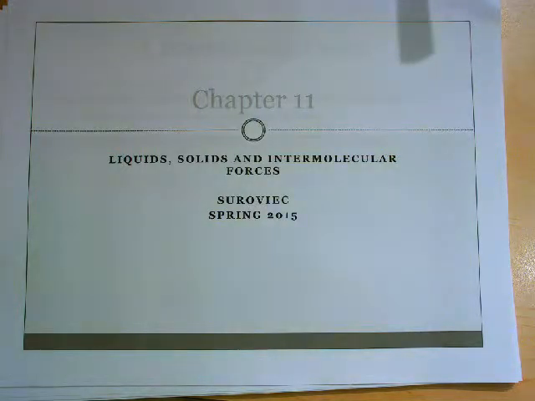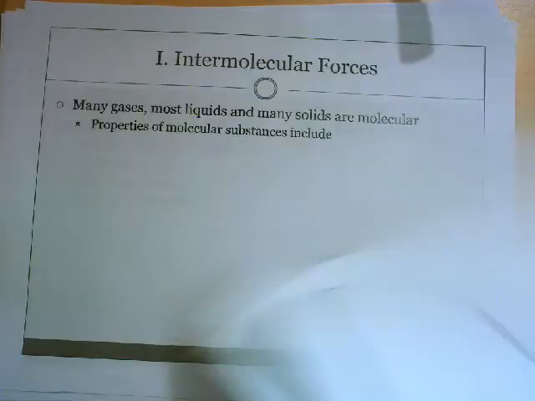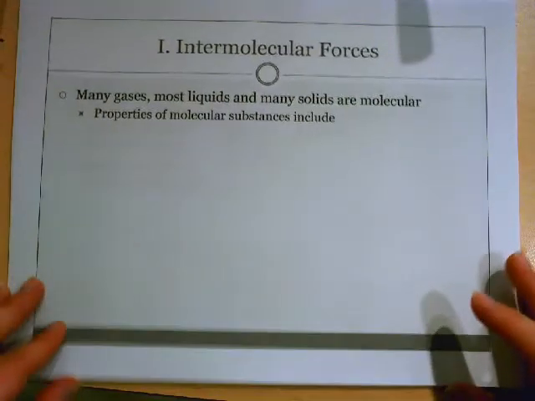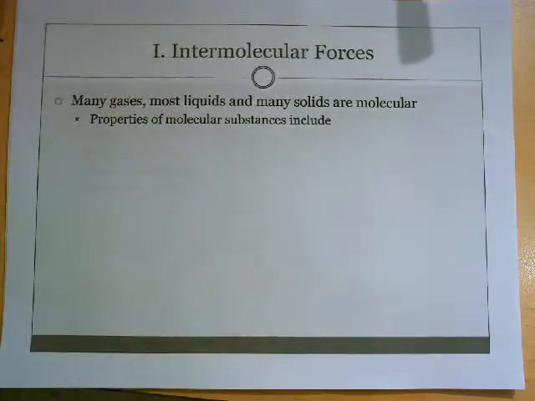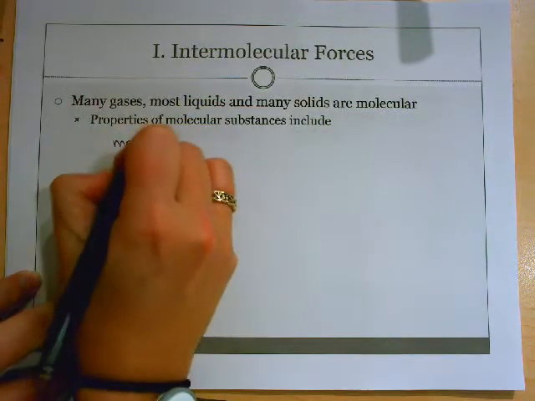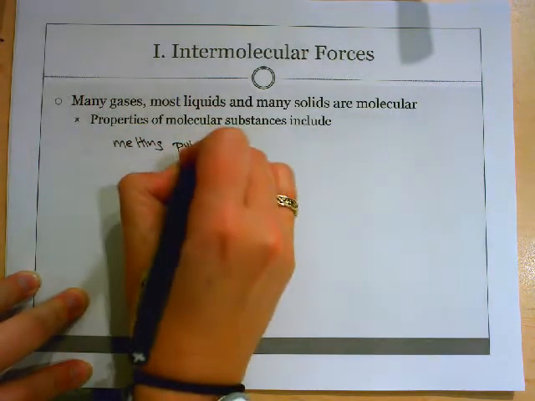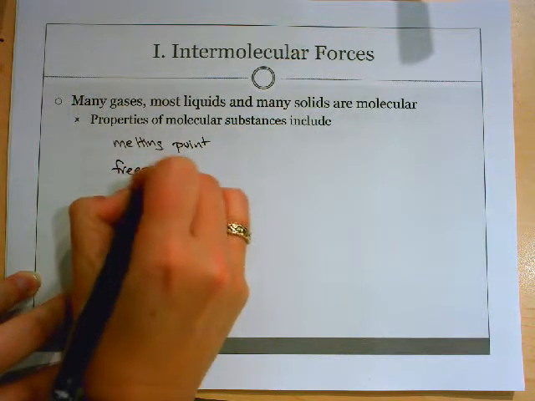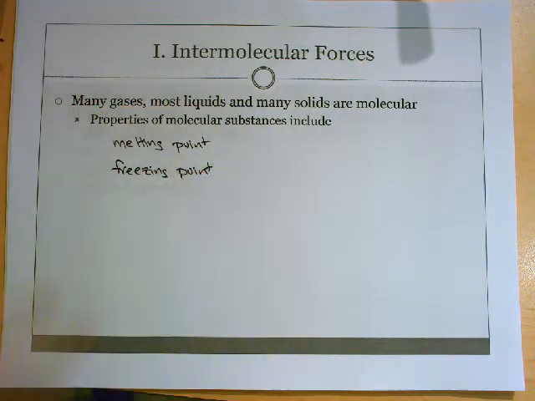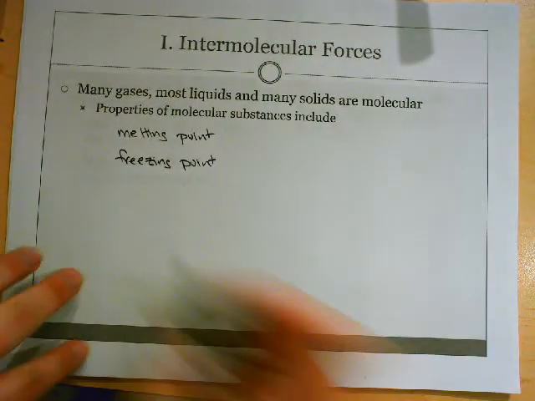So Chapter 11 covers intermolecular forces. We have what's considered a molecular solid, or a molecular liquid, or molecular gases. These are things that are not ions; they're compounds of some sort. They have covalent bonds in them. Molecular substances are things that we categorize using melting point, freezing point, solubility.